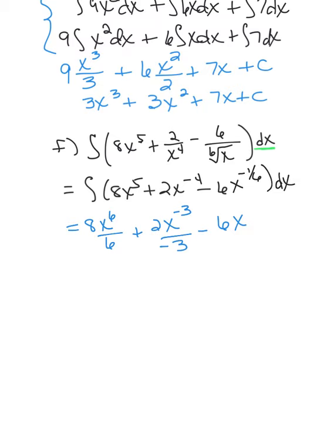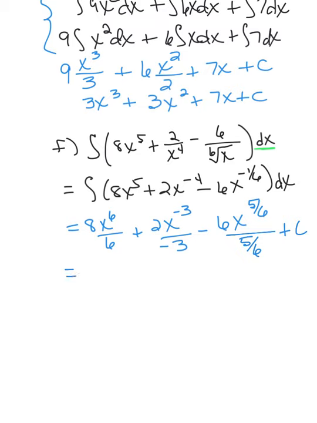We need to add 1 to negative 1/6. So think of this as being negative 1/6 plus 6/6, which is going to give us positive 5/6. And then put that over this new power of 5/6. Don't forget plus c.